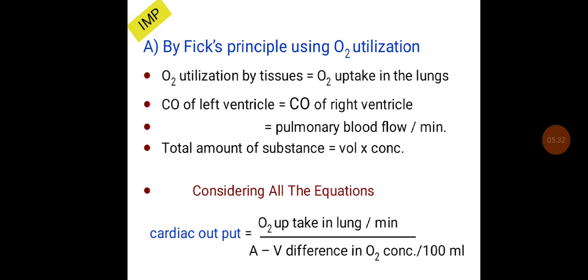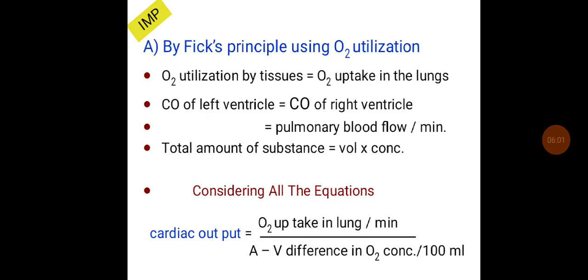In most organs, the blood flowing through the organ can be calculated using this Fick principle. Here we are utilizing oxygen utilization by the lungs, which equals the amount of blood flowing through the heart during each cardiac cycle.